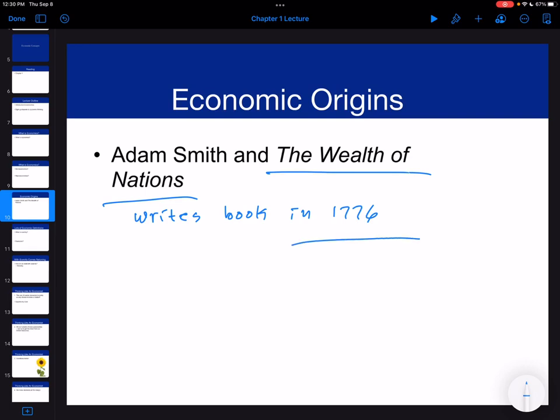Now, for many of you, you're thinking, wow, 1776 is a notable year, and why is that? Well, it's because that's when Adam Smith wrote The Wealth of Nations. It's a momentous year because that's the beginning of the field of economics, and it all goes back to Adam Smith and his work in that book.